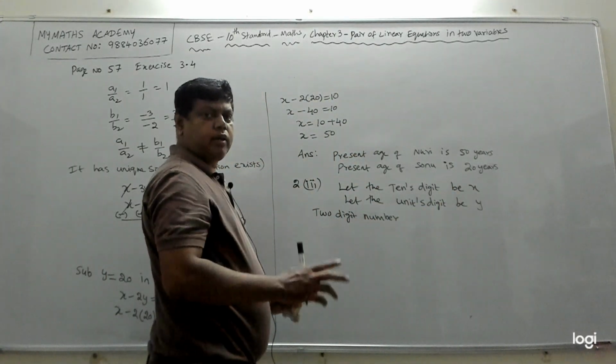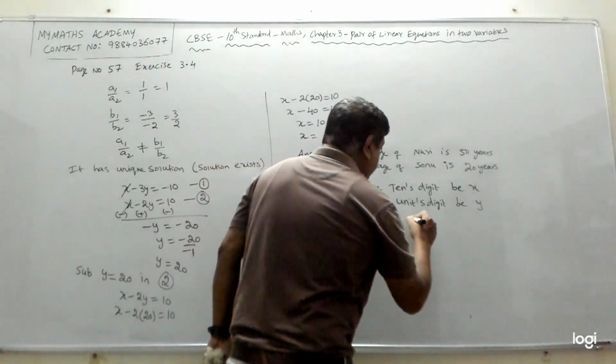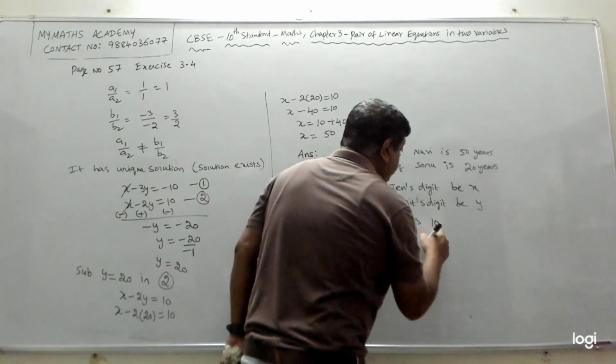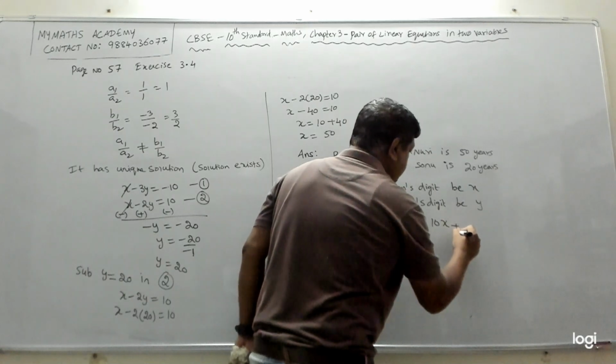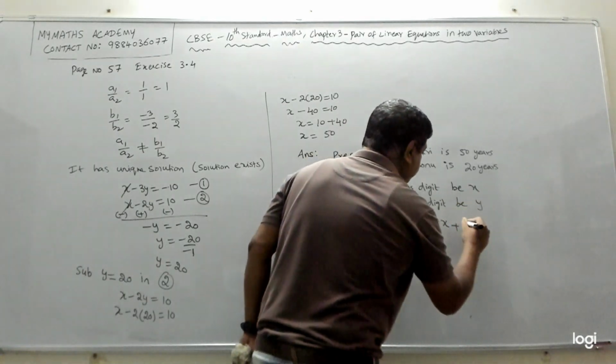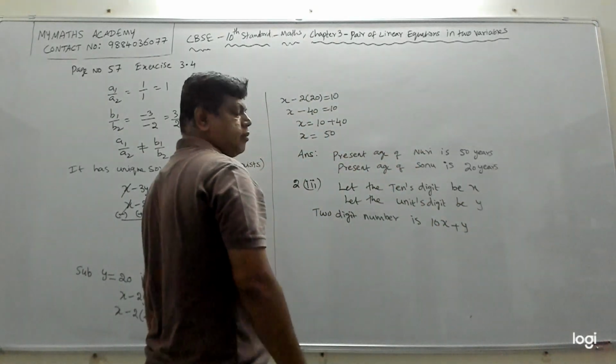XY means X into Y. The 2-digit number is 10 times the tens place, which is X, plus 1 times the units place, which is Y. 1 into Y is Y.